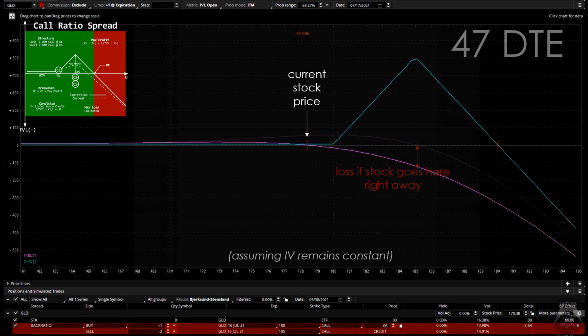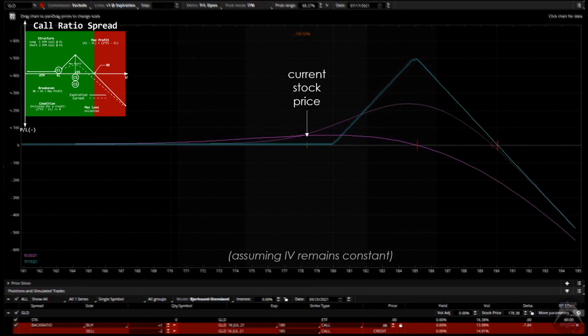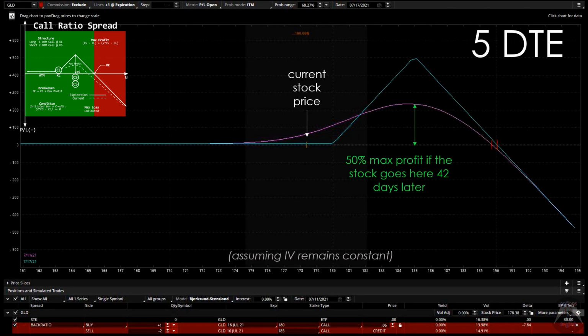Now, 21 days later, with 26 days still remaining before expiration, if the stock price is at the same strike price we analyzed before, we would have no profit or loss. And if that happens 42 days after putting it on, that is, with only 5 days before expiration, we would have 50% of the max profit calculated when we initially put this position on.